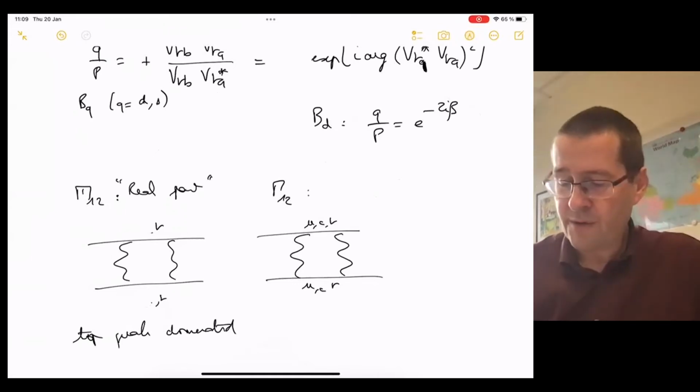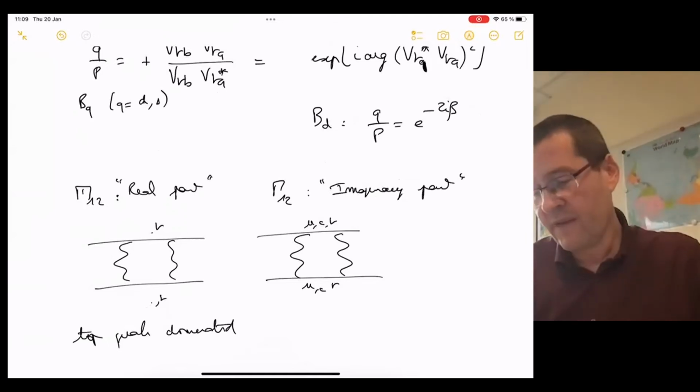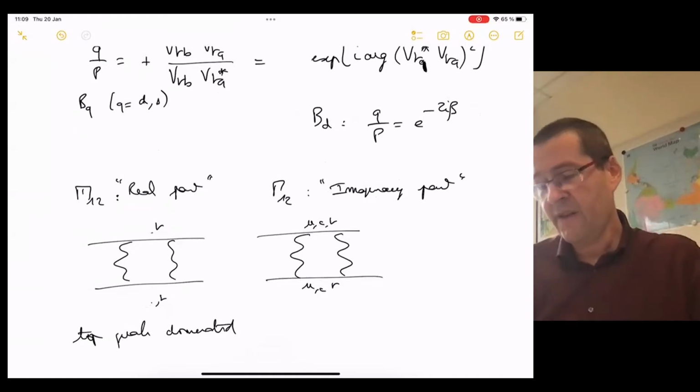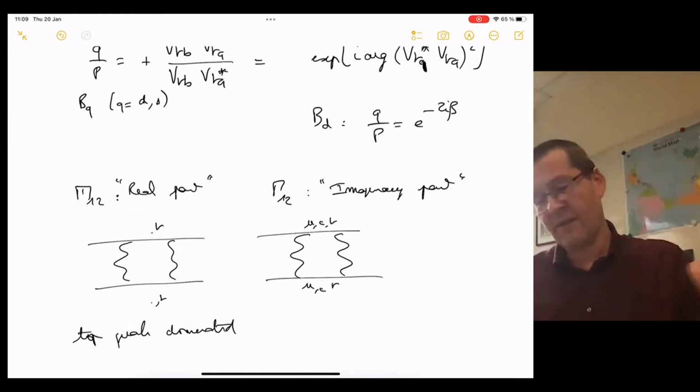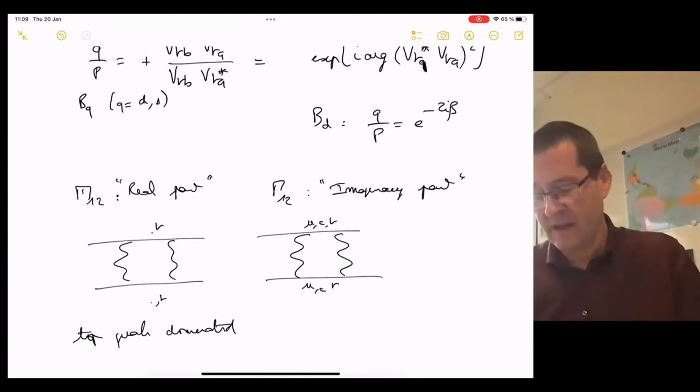Whereas for gamma 12, that corresponds more to an imaginary part. And so in that case, as we discussed already a few lectures ago, these kind of imaginary terms do come from the fact that you can insert intermediate physical states because of the unitarity of the S matrix.